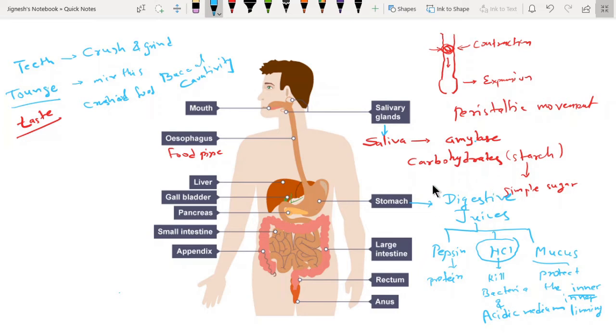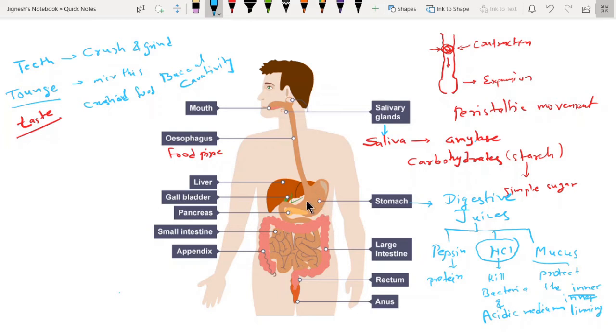When food comes into the stomach, digestive juices are secreted: pepsin converts protein, HCl kills bacteria and makes the food acidic so that pepsin can work on it and protein can be digested. Mucus helps protect the inner lining of the stomach from HCl.